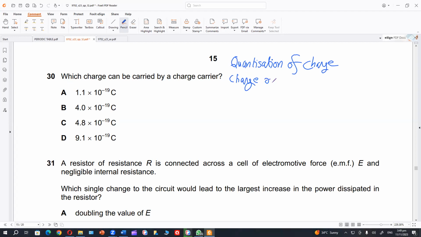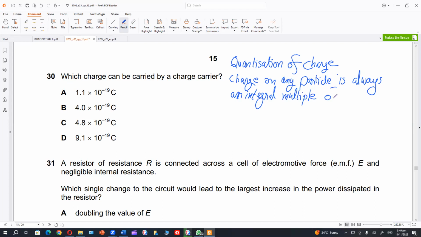Charge on any particle is always an integral multiple of the charge of an electron.